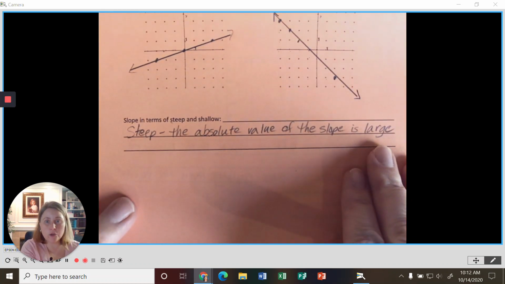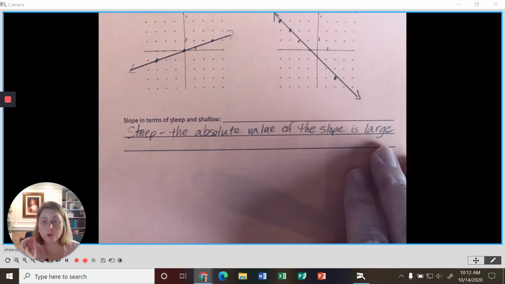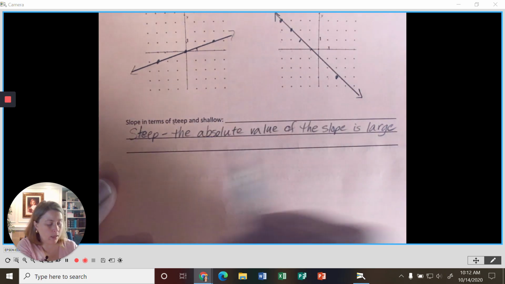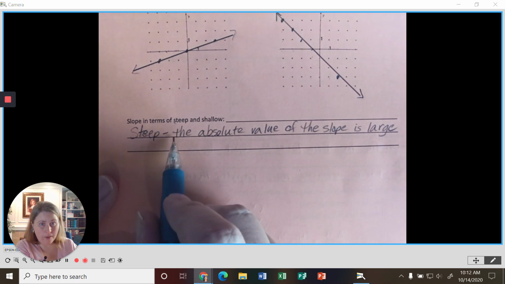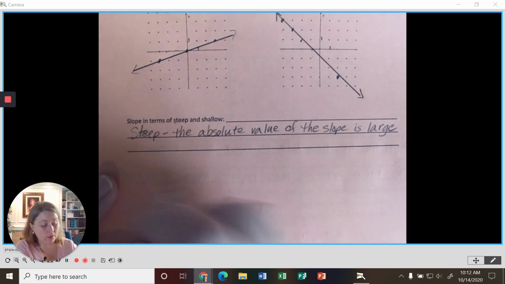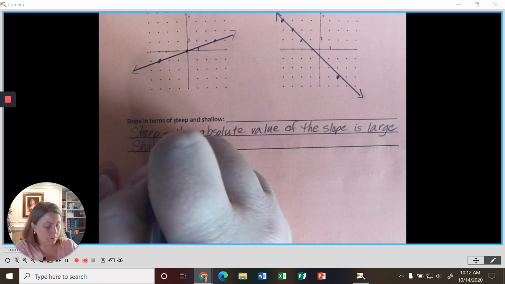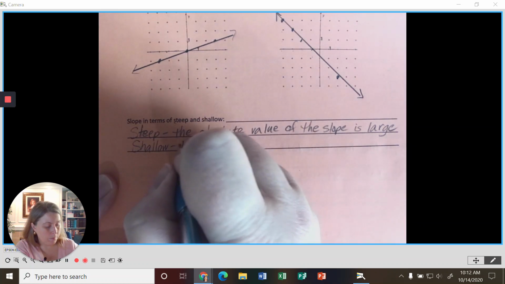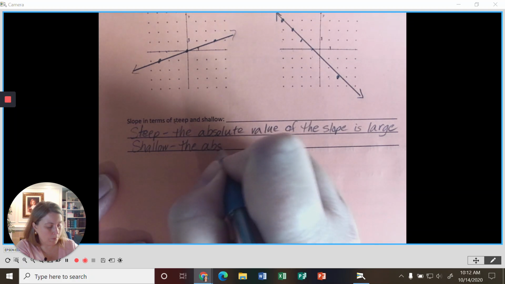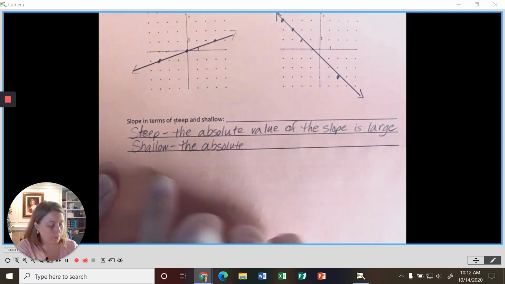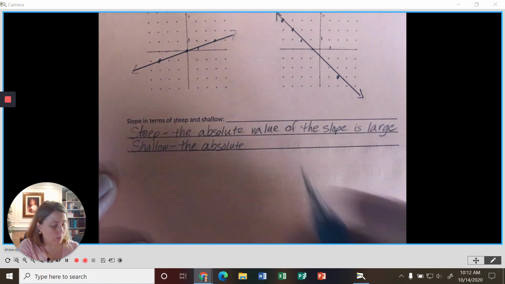So absolute value is what we're looking at because we're not talking about whether it's a positive or negative slope, we're just talking about the degree of steepness. So that's why we're looking at the absolute value, not the sign, positive or negative. So again, shallow, the absolute value of a slope is small.